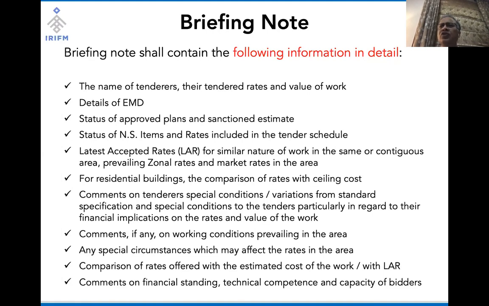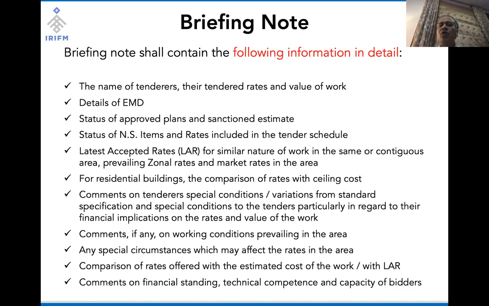If there is a sudden shortage of any items or resources in that area, or if there is some sort of political unrest which affects work, then it is important to bring out all the things which can have a bearing on the rate decisions for the tender committee.